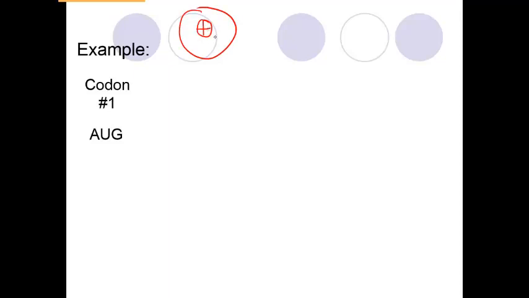Find the circle that has the A in it. Every single one of those is divided up even further. Whichever circle had the A in it, move outward from that bullseye, and it's divided again into A, U, C, and G.